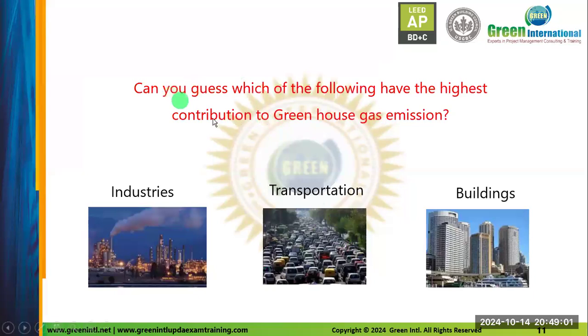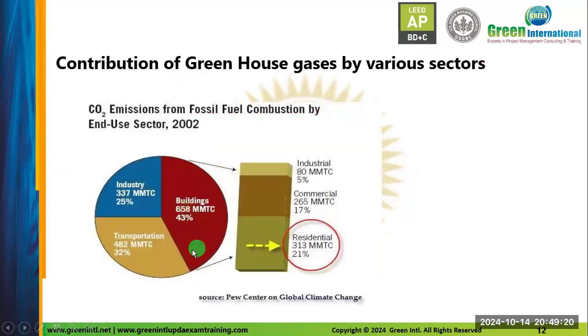Traditional question: which of the following has the highest contribution to greenhouse gas emissions? And the answer is, of course, buildings. Some people look at transportation or industries, but actually they are buildings, because buildings contribute 43% of metric tons of carbon.